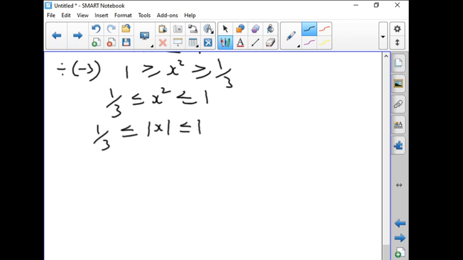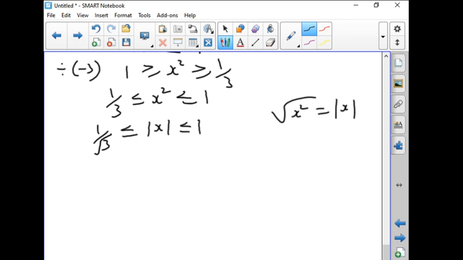Because we know that root of x square is equal to modulus of x. We have seen this already. So here this is root 3: 1 by root 3 is less than or equal to modulus of x is less than or equal to 1.